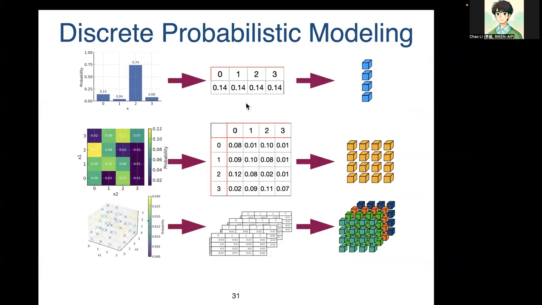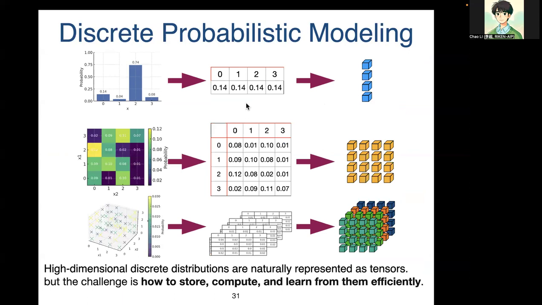And for higher dimensions, they naturally form high-order tensors. So the challenge here is clear. As the dimension of the random variables grows, these tensors explode in size. We thus need efficient ways to store, compute, and learn from them. This is exactly where tensor networks come in.